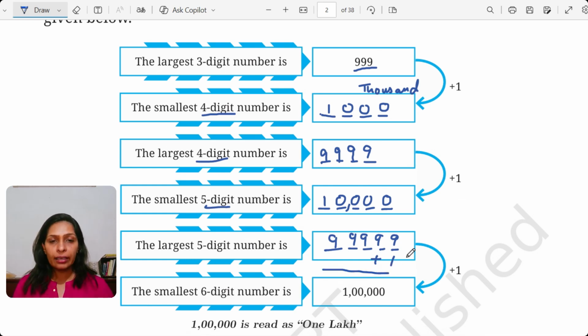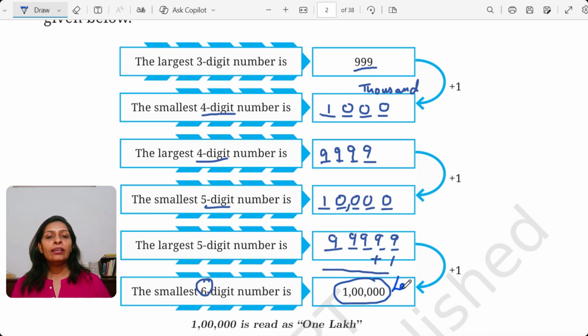If I add 1 here, this is going to get me the smallest 6-digit number. That is, it's going to be 100000, right? And you know what? This big number is known as 1 lakh. Right? So what is the thing to remember?